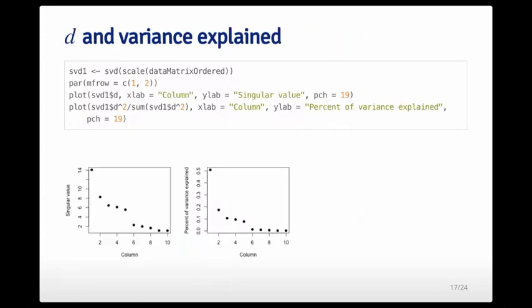Now, if we look at the variance explained in this problem, on the right-hand panel, which is the percent of variance explained, you can see that the first component explains over 50% of the total variation in the data set. That's basically because the shift pattern, with the first 5 columns and the second 5 columns, is so strong that it represents a large amount of variation.